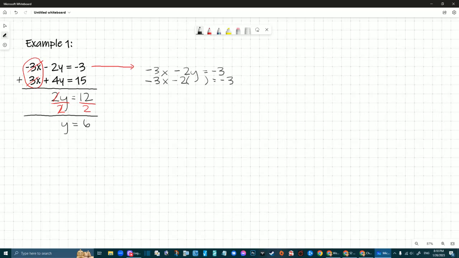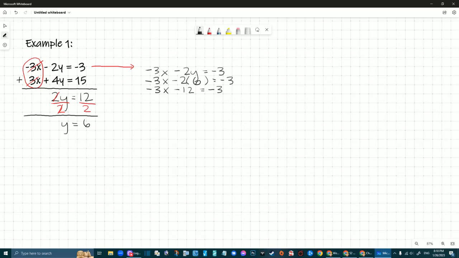I know that y is equal to 6, so I'm going to write a 6 there. My next step, I want to simplify. I know what 2 times 6 is, so I'm going to start copying down. -3x minus, and then 2 times 6 is 12, equals -3.